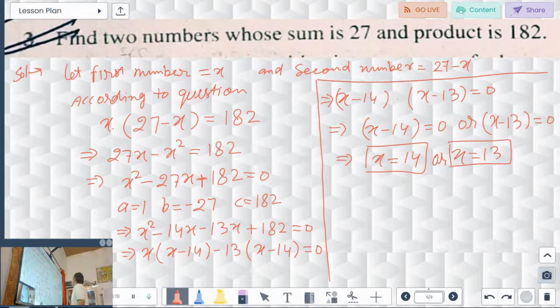These are the two numbers whose sum is 27 and product is 182. The first and second numbers are 13 and 14. Answer.